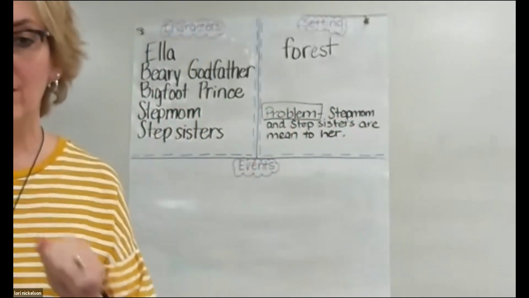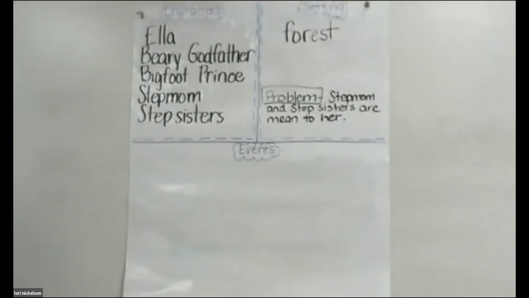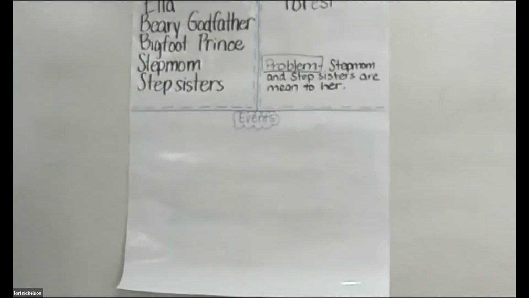So let's talk about events in our story, starting at the beginning and going to the end of the story. Move it down so we can see. So the events taking place.